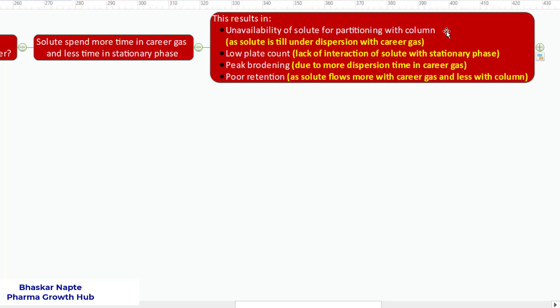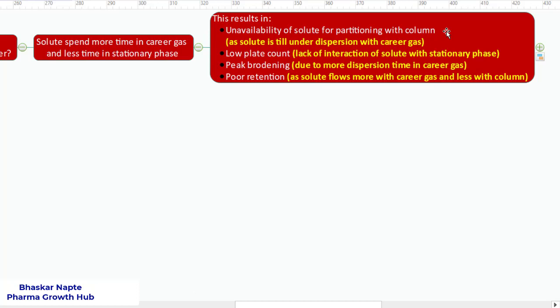And why the poor retention? The last point is poor retention, as the solute flows more with the carrier gas and less with the column. So where is the interaction of solute with the stationary phase? It is busy getting dispersed inside the carrier gas, and the carrier gas is flowing with its velocity, and that is going to take the solute along with it.